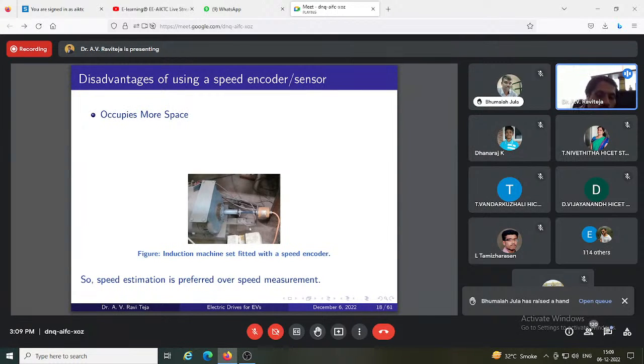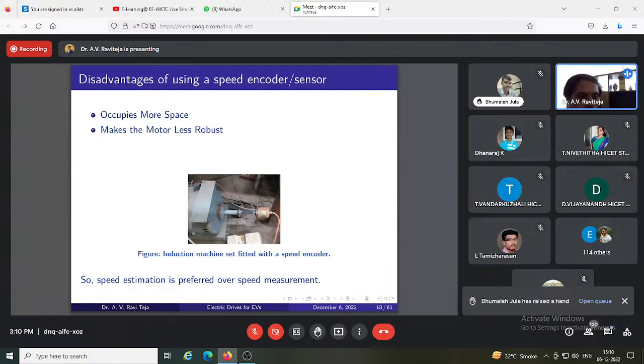And since you are taking a long cable, the voltages may not be accurate as at the point of the motor. So these all issues will come with mechanical sensors. Since we are using only one mechanical sensor, that is the speed sensor or speed encoder, we want to remove that, then we have some advantages.